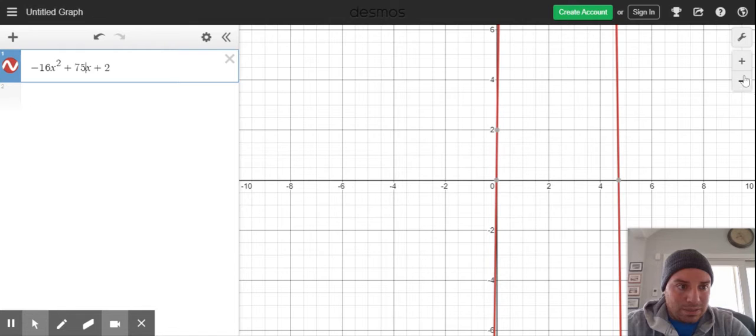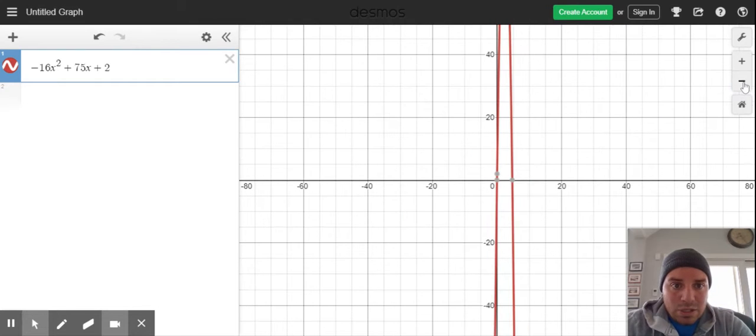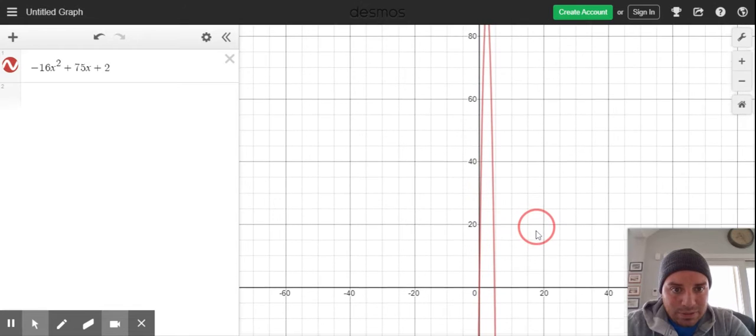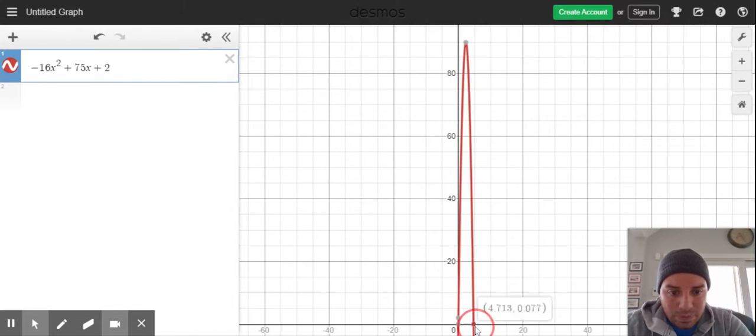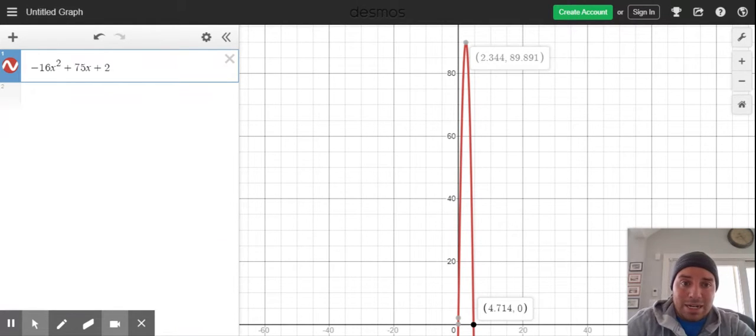There we go. That looks better. I have to zoom out a little bit here, but I can see what my x-intercepts are. By looking right here, basically what this is telling me is that it took 4.714 seconds for this ball to reach the ground. Now I can see here's my vertex, 2.344, 89.891, which means my maximum is 89.891.